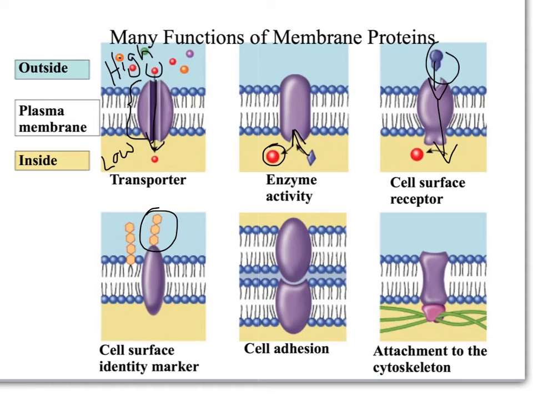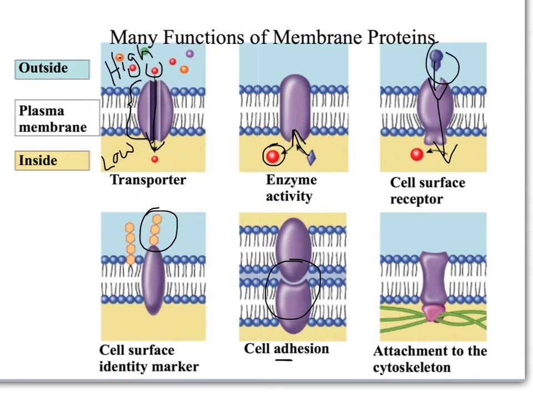We know that when cells stack upon each other, they form tissues, and then tissues go on to form organs, and organs form our organ systems. The way that cells stick together to start to form these tissues is through cell adhesion. We talked about adhesion, and that's when things stick to other things. So here we have one cell sticking to another cell, and then attachment to the cytoskeleton.